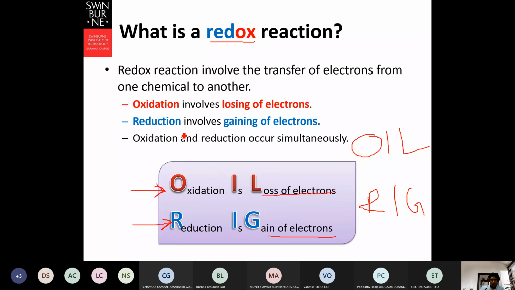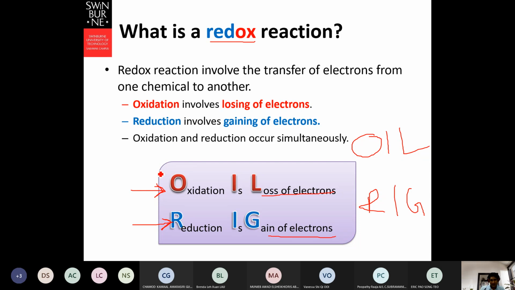Oxidation is losing of electrons. So when some element is losing one electron, or sometimes donating one electron, it is called oxidation is happening for that case. All right. And then when the opposite thing happens, it is called reduction is happening there.